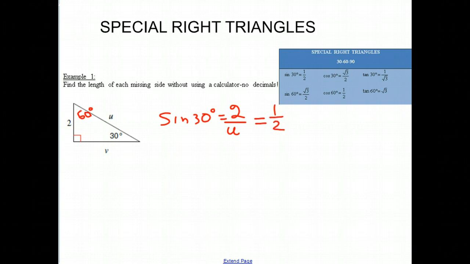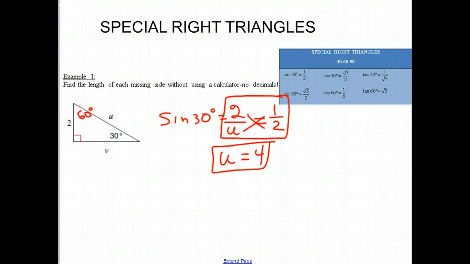So now all we have to do is solve for u from this equation. All we could do is very simply cross multiply. That would be the easiest thing to do. And we would get u is equal to 4. And that would make sense since we know that the side opposite the 30-degree angle is always half the hypotenuse. So u is now equal to 4.